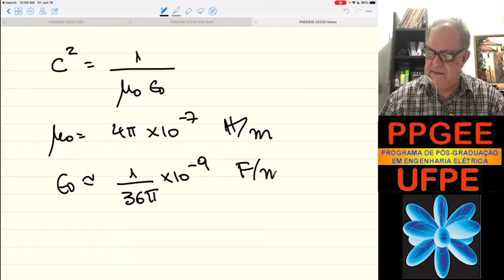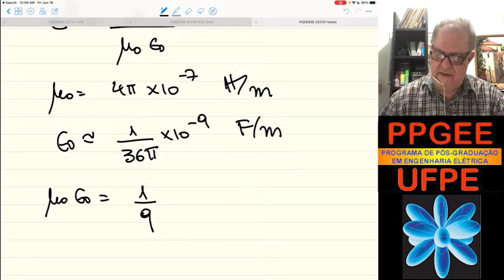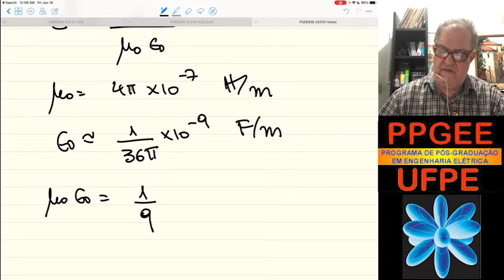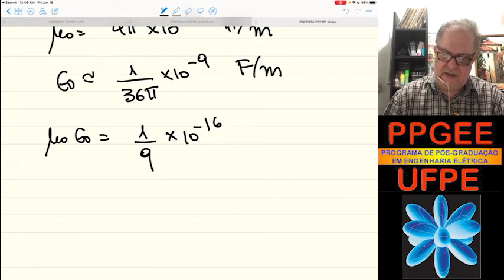So mu0 epsilon 0 is 1/9, right? So the product 4 pi times 1 over 36 pi is 1/9. 10 to the minus 16 SI units. So the square root, because this is 1 over c squared, right?